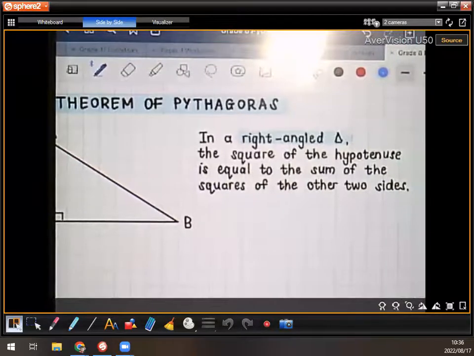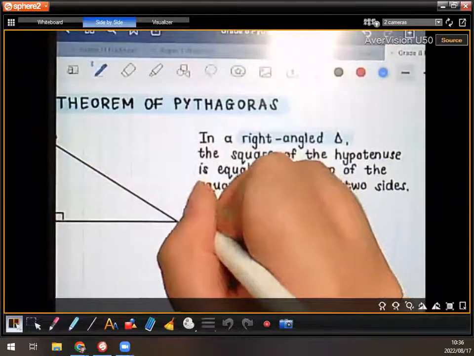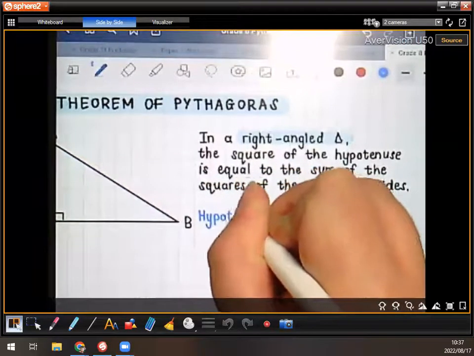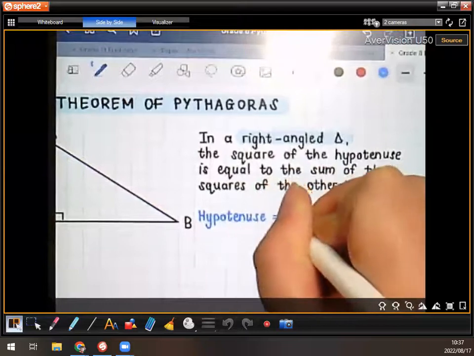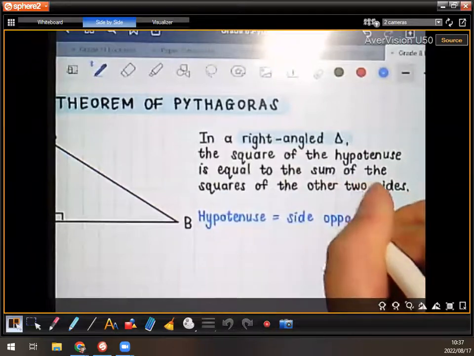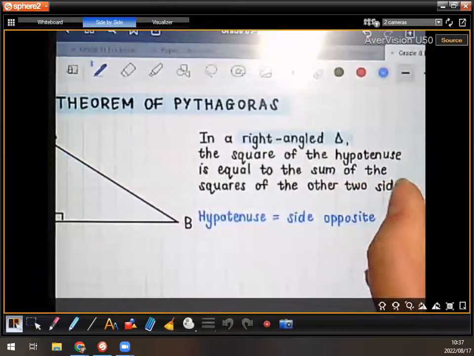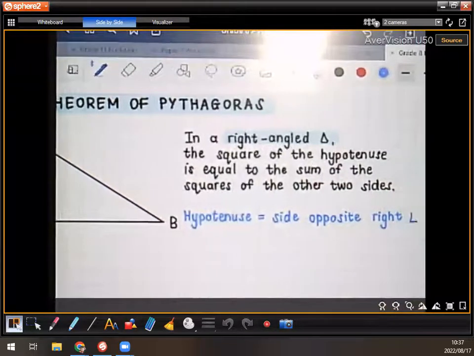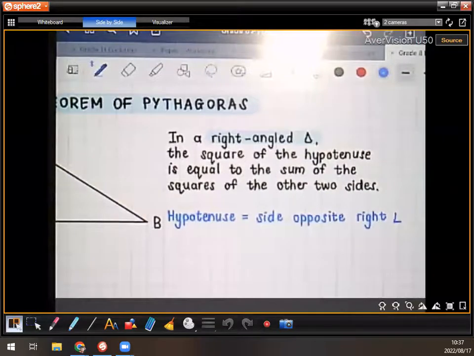A hypotenuse is always the side that is opposite the right angle, the 90-degree angle.